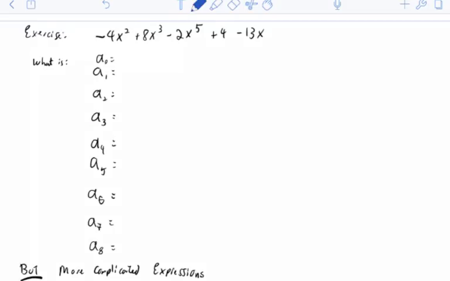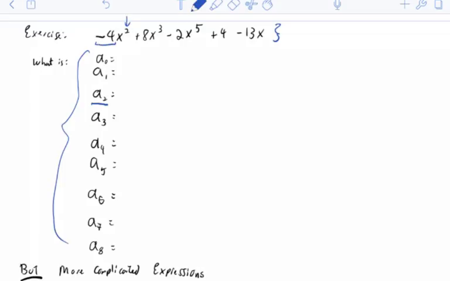So somebody might give us a polynomial and ask us what all of these different coefficients are. How do we figure out what they are? What we're going to do is look at our expression, match it, and write the coefficient. Okay, so for instance, a_2, let's start with that. That's the coefficient of the term that has x to the power 2.